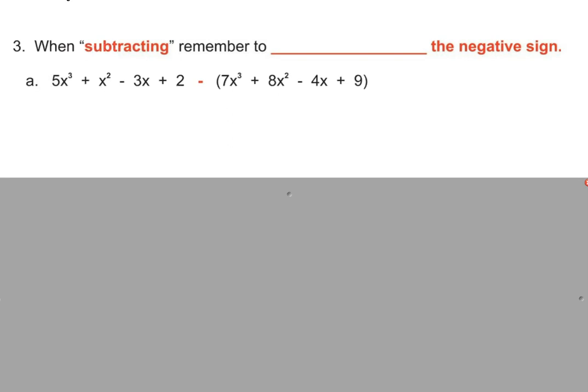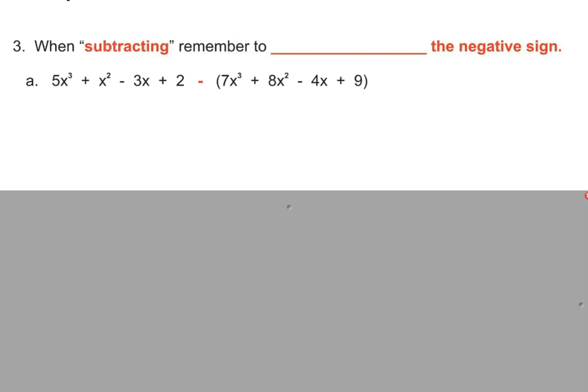Oh, no. Subtraction. All right, so let me pause. Why don't you guys go ahead and do A. Everybody distributed that negative, right? Because the parentheses definitely matters when it's subtraction.